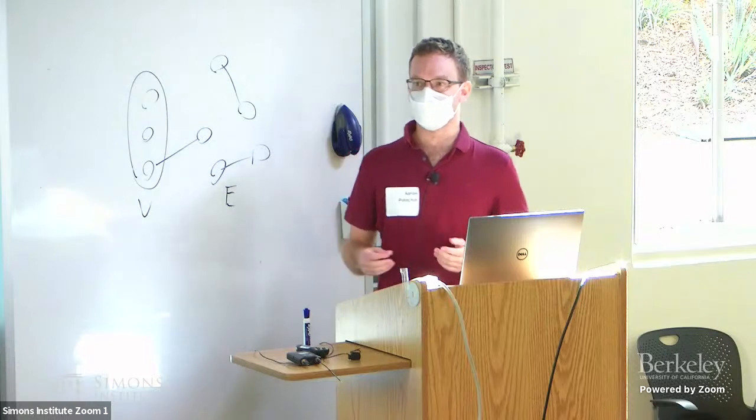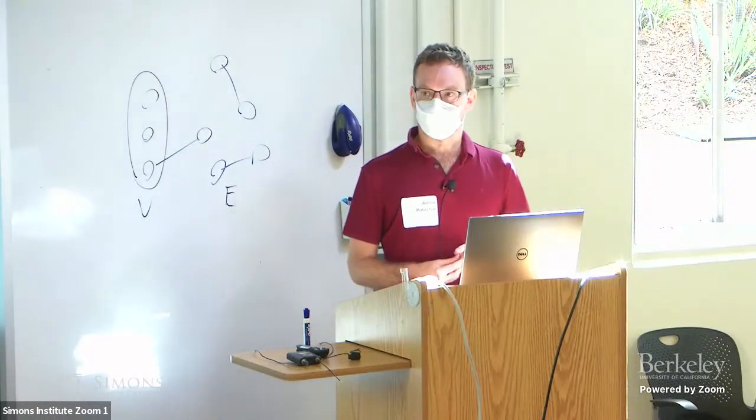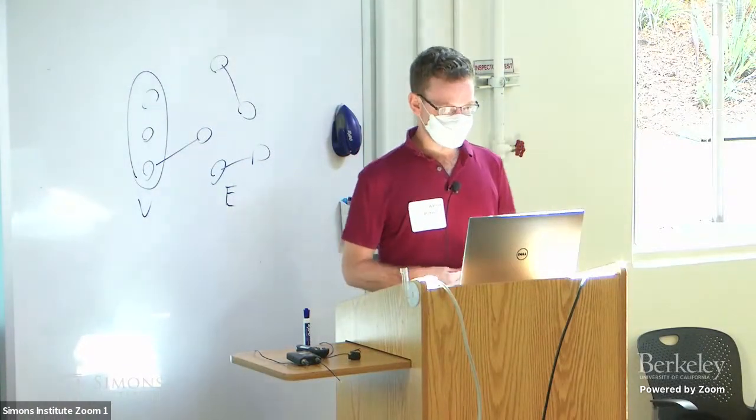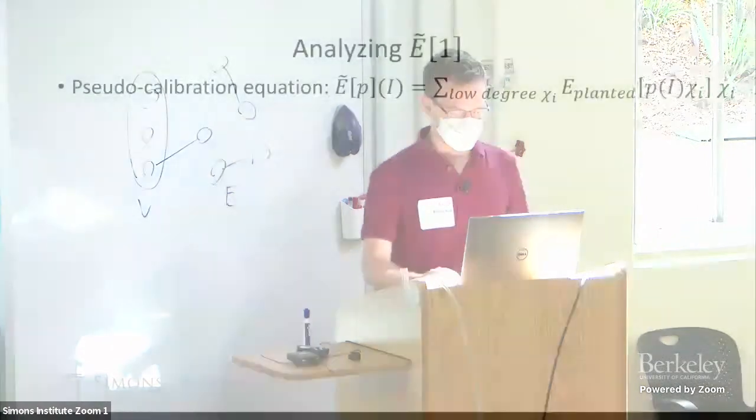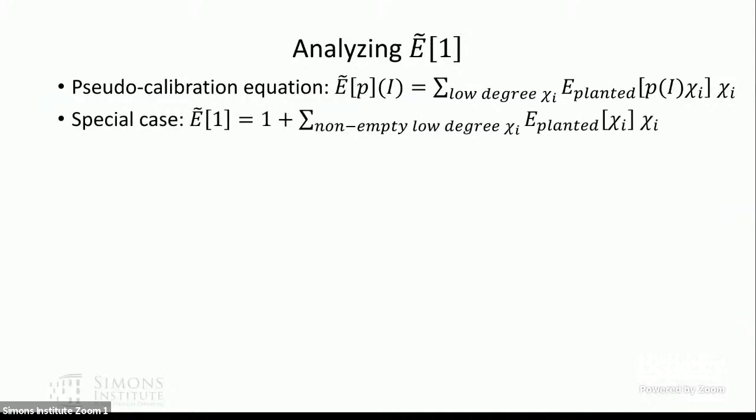Okay, so now let's analyze the pseudo-expectation value of 1. So here's the pseudo-calibration equation. As a special case, the pseudo-expectation value of 1 will be 1 plus the sum over non-empty low degree chi_I of the expected value over the planted distribution of chi_I times chi_I.